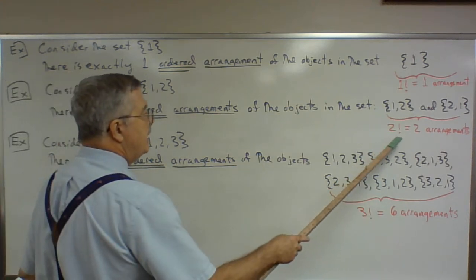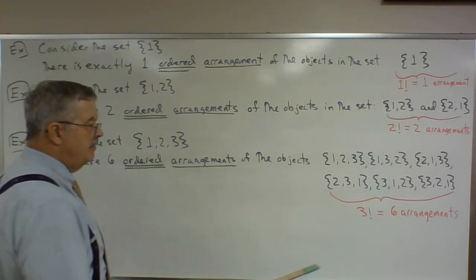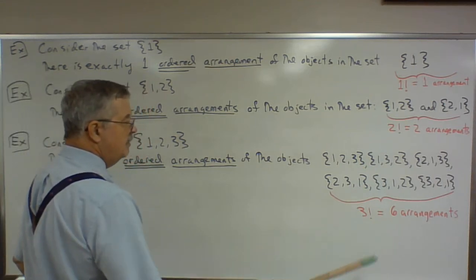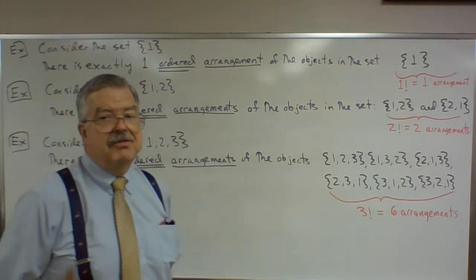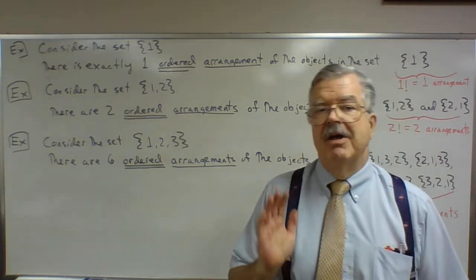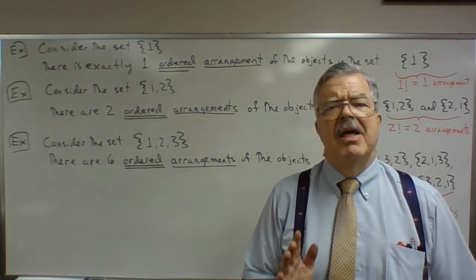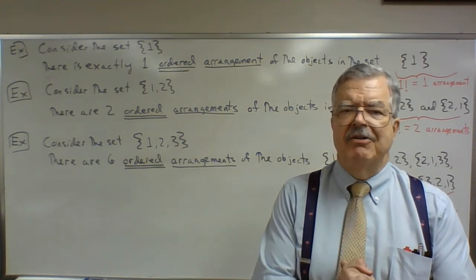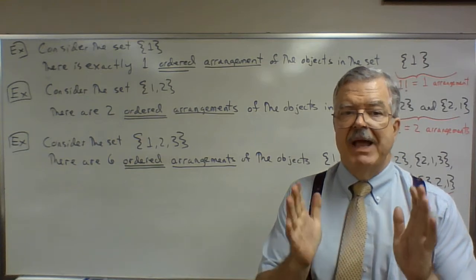There were 2 factorial arrangements. We had 3 elements. There are 3 factorial arrangements. And the fact of the matter is, this is not a coincidence. This is the general pattern, and I will write that down. And then we'll look at it logically so that we can understand why this pattern holds.